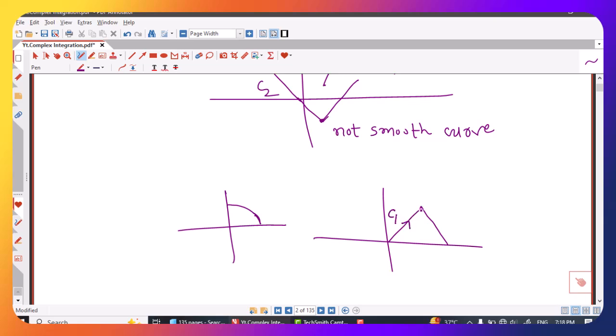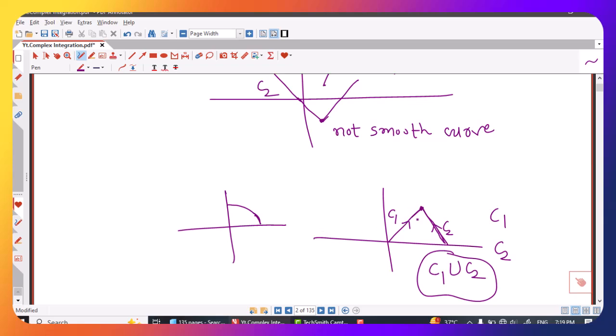Suppose I consider this portion by C1 and this part by C2, then I can write this curve as the union of C1 and C2, where C1 is a smooth curve and C2 is a smooth curve, but this union is not a smooth curve because I am having a sharp corner at this point.